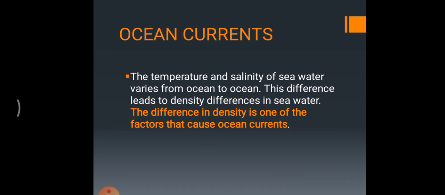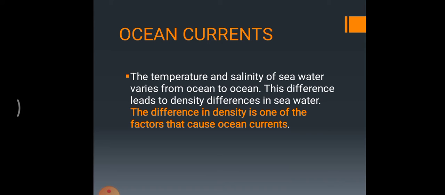The temperature and salinity of seawater varies from ocean to ocean. This difference leads to density differences in seawater. The difference in density is one of the factors that cause ocean currents. We have learned that ocean currents are continuous flow of seawater from one direction to another.